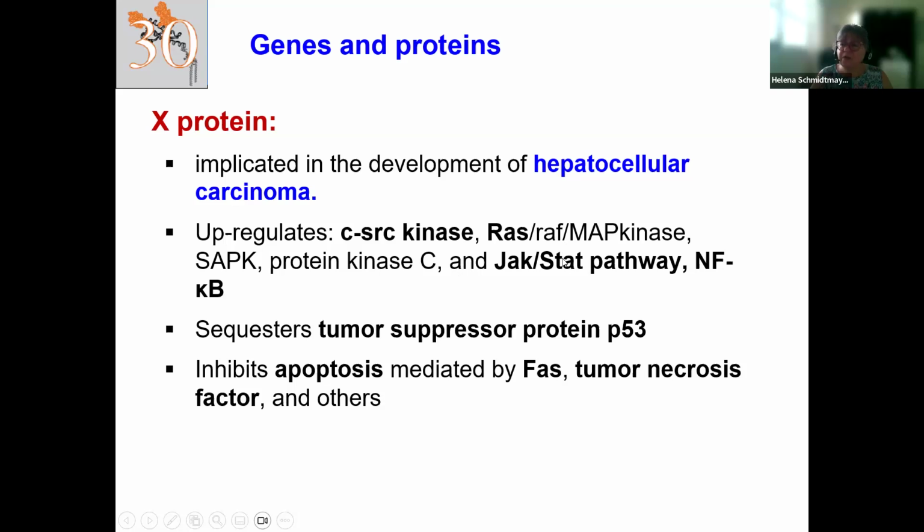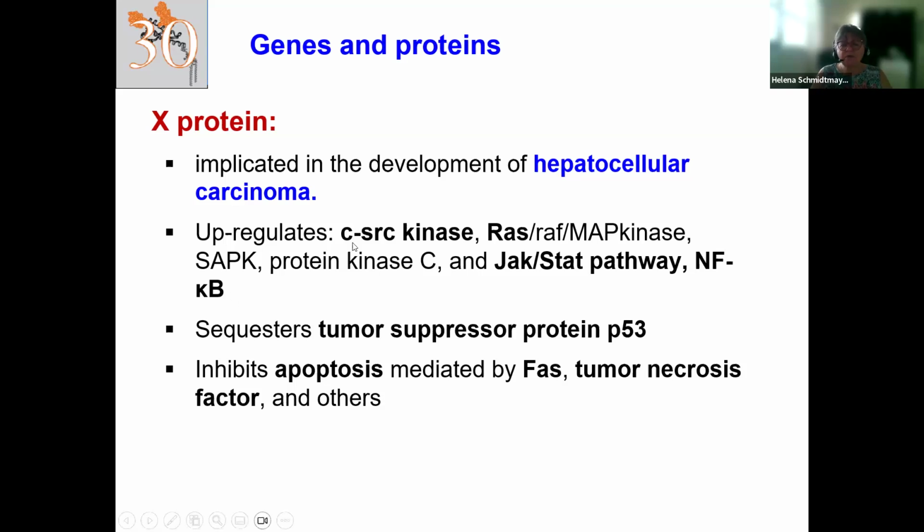In addition, it suppresses p53, it sequesters it. We know that p53 is a tumor suppressor, and it activates and stops cycling, eventually targeting the cell to apoptosis if there are problems. So X protein does sequester it. It also inhibits apoptosis, which is mediated by Fas ligand.